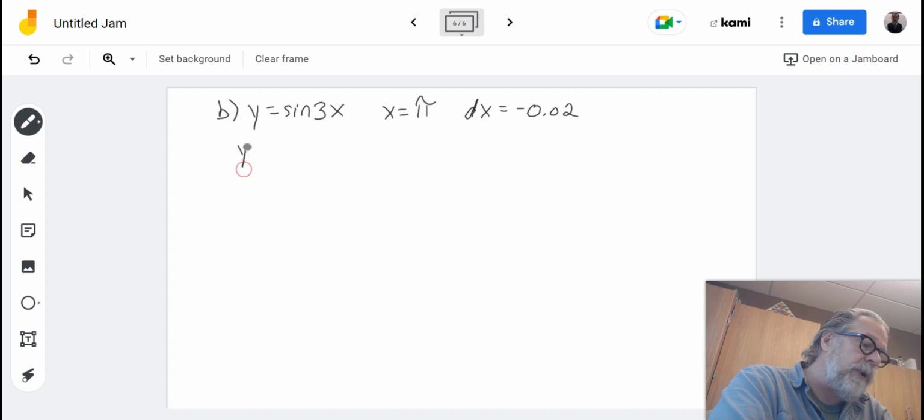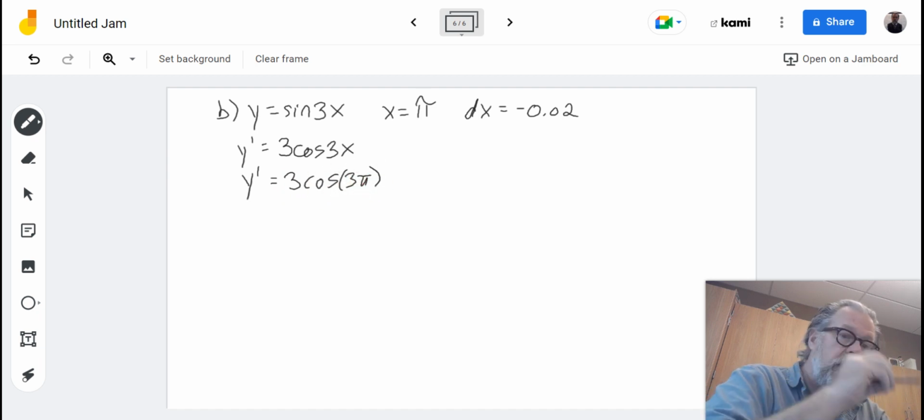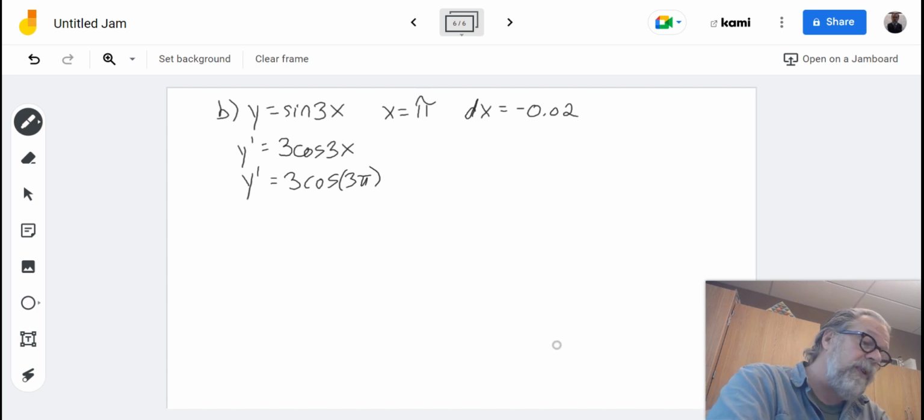So the derivative of y with respect to x is 3 cosine of 3x. The derivative of y at pi is 3 cosine of 3 pi. And a little quick unit circle calculation tells me that this, therefore, is equal to -3.